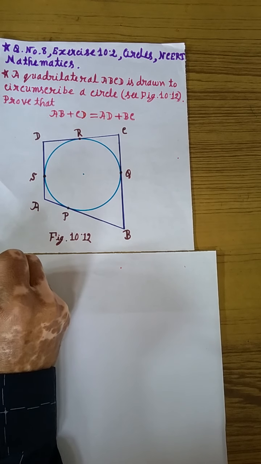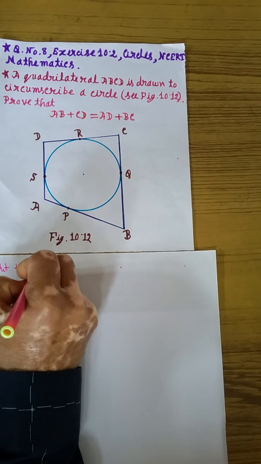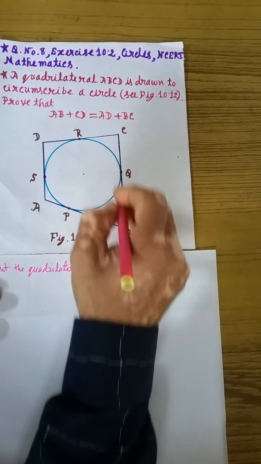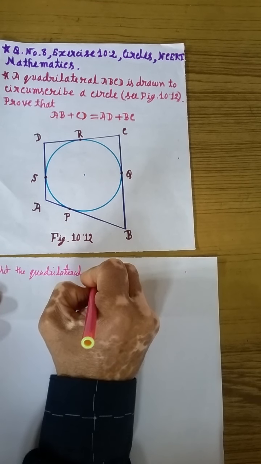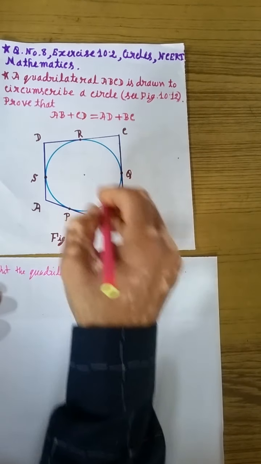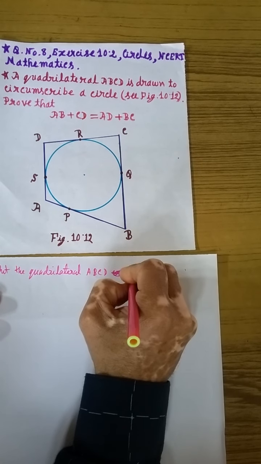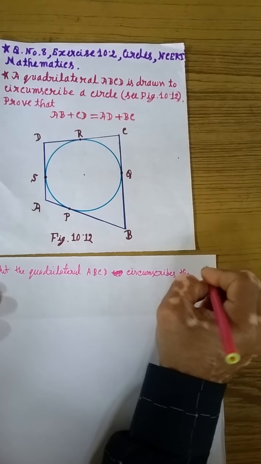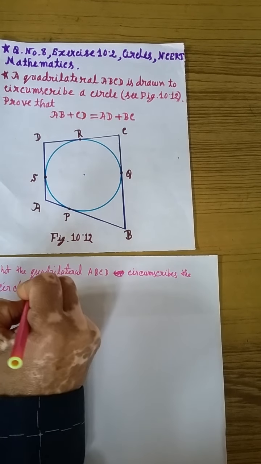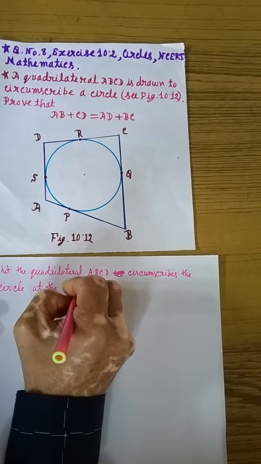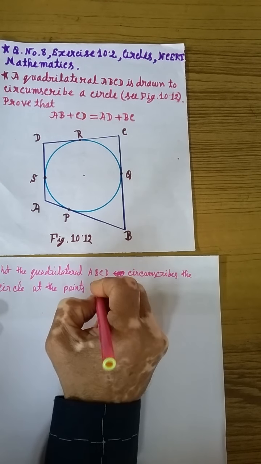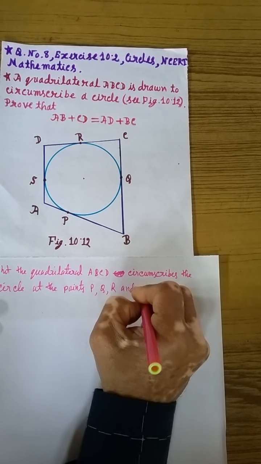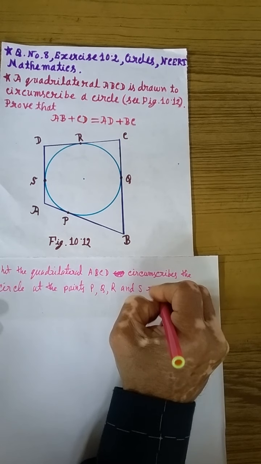Write in this way. Let the quadrilateral ABCD circumscribe the circle at the points P, this one, Q, this one, R, this one, and S, this one, respectively.